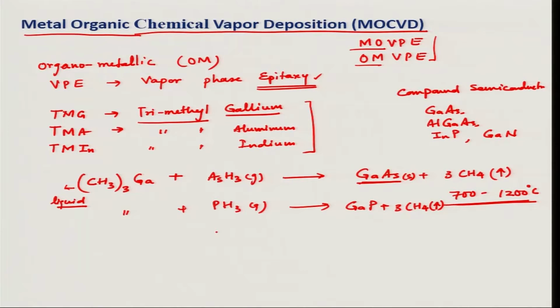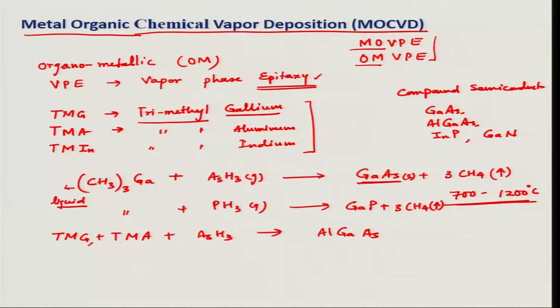Okay. And you can have not only trimethyl gallium, but you can have trimethyl gallium, TMG, plus trimethyl aluminum plus arsine to grow aluminum gallium arsenide. Okay.